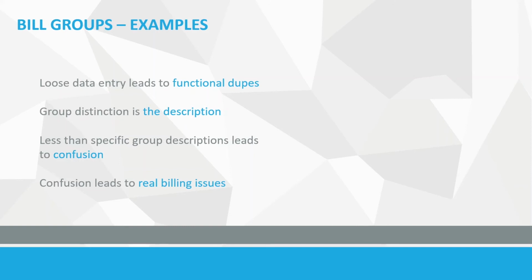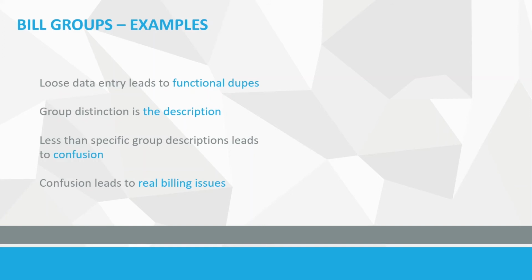And if you have a lot of really free-form text box data entry, what you end up with is duplicative bill groups, and it's very hard for a user at matter intake to understand the distinction between these bill groups. If you have 4 bill groups that have the exact same contact, the exact same billing address, the exact same format, they're effectively going to pick one at random, and it isn't necessarily clear even during billing that they've chosen the correct one.